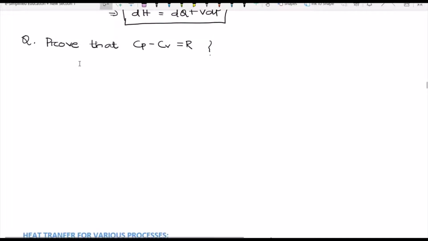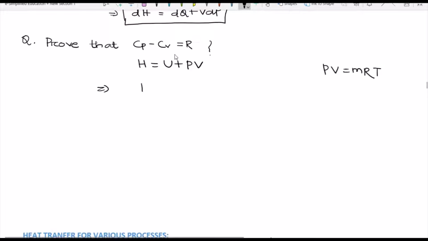Next, a general question: can you prove Cp minus Cv equals R? In the previous one we discussed H equals U plus PV. Let us take an ideal gas. From the ideal gas equation we know PV equals mRT.